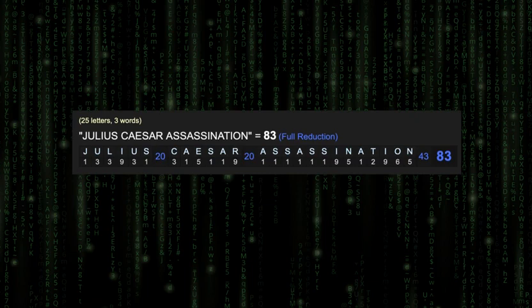Now, an important point to make here is that no number is exclusively negative or exclusively positive. There are literally hundreds of thousands or millions of word phrase combinations that sum to 83 and 38, for example. So 83 and 38 are not exclusively negative numbers.